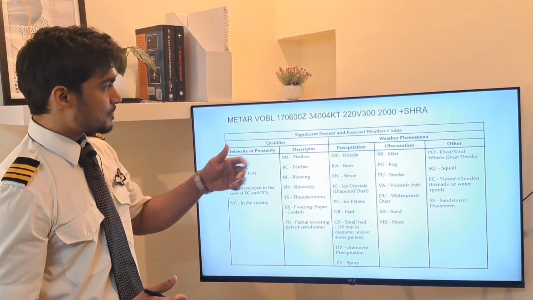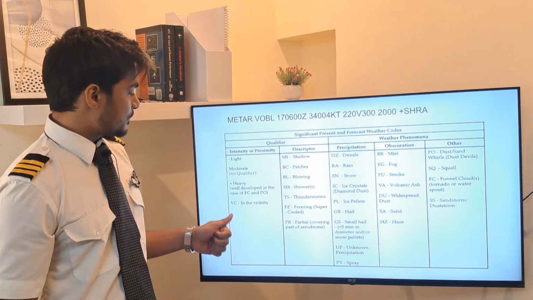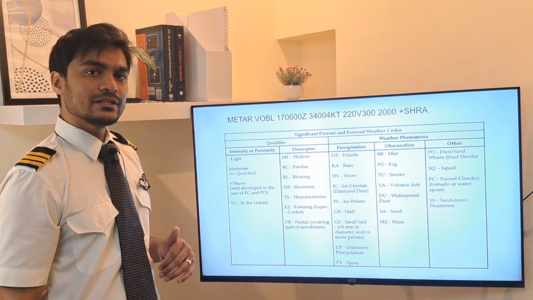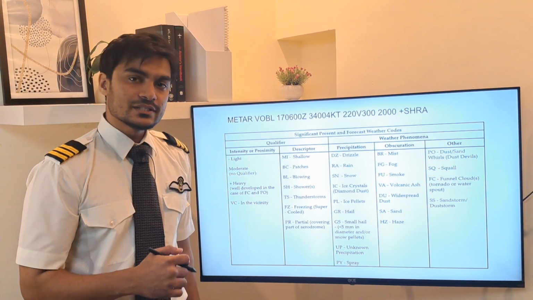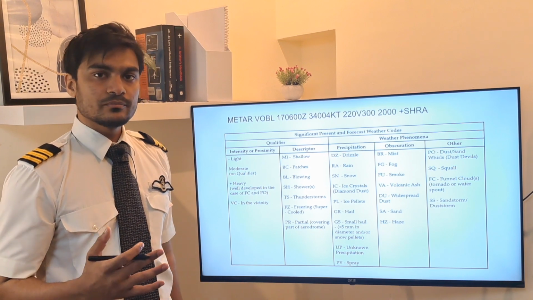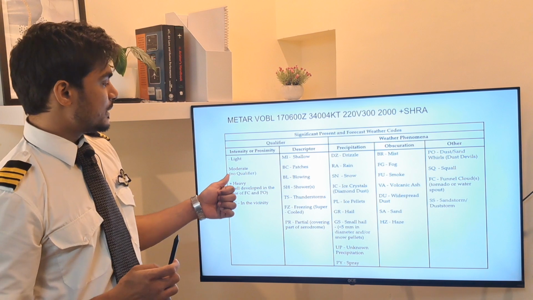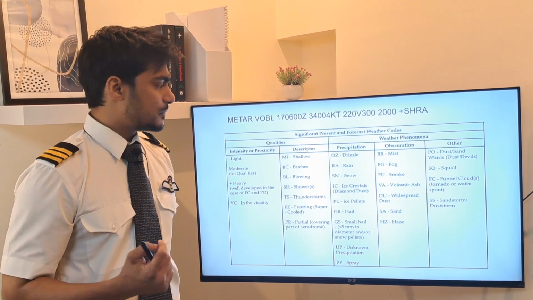If it is written as plus, the one we see over here, plus signifies heavy. If it were a minus sign, it signifies just light weather. If it is VC, it signifies in the vicinity of the airport, the aerodrome, not exactly at that point, just in the vicinity. If there is no plus or minus sign, it is always moderate weather.